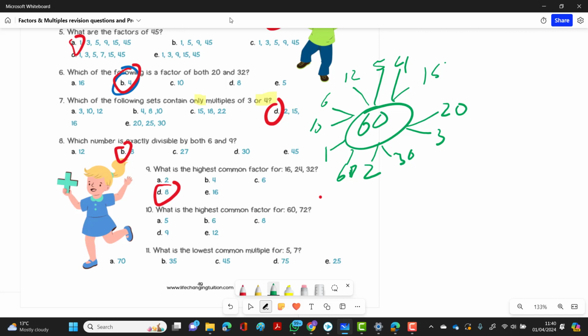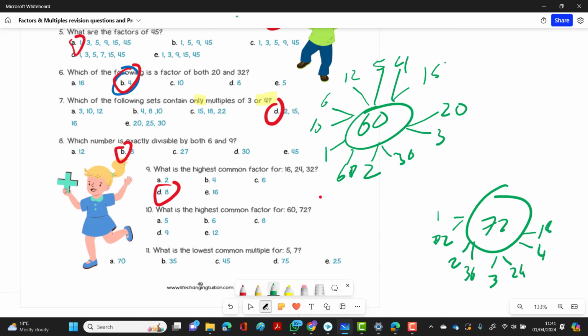And let's do 72. 1 and 72, 2 and 36, 3 and 24, 4 and 18, 6 and 12. I think that's it.